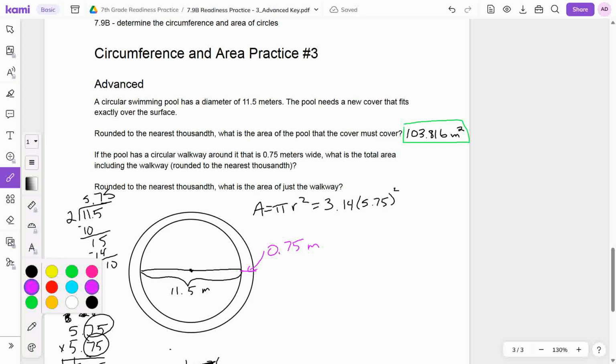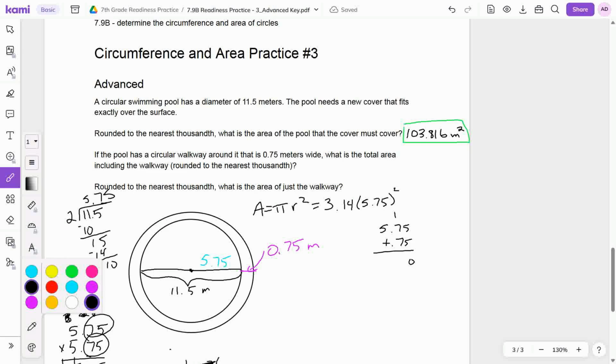All right, so I need to change my radius. My radius was 5.75. And so if I take my 5.75 and then I add my 0.75, I've got a new radius because I'm adding that walkway.